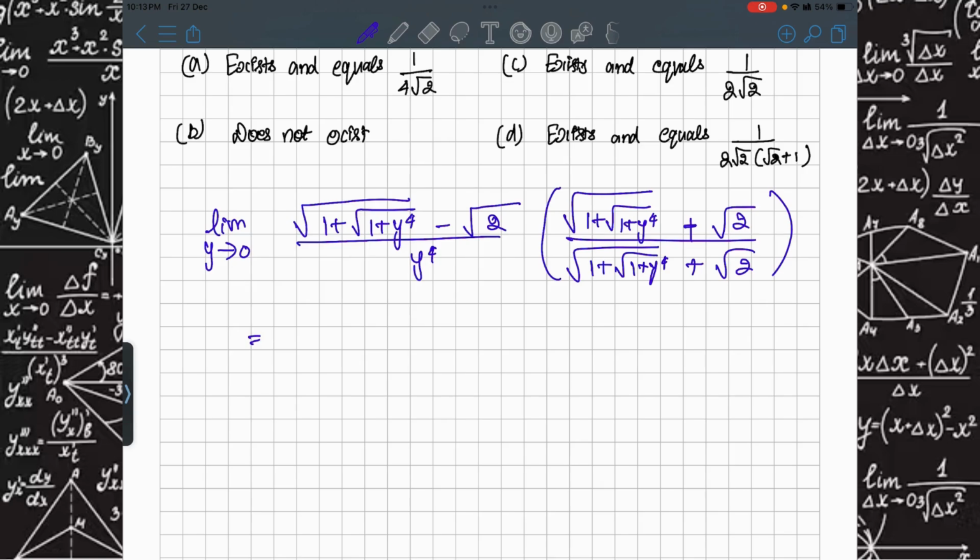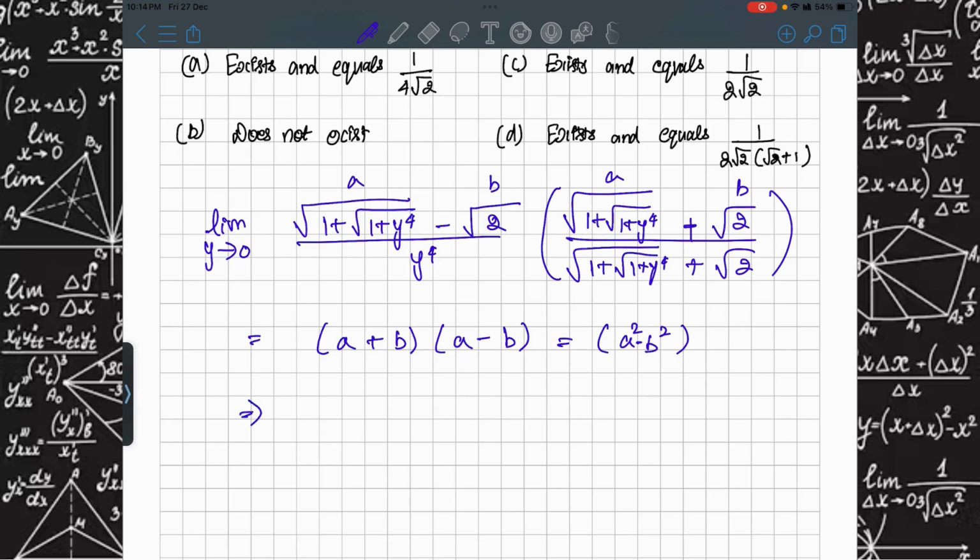Now let's multiply it. You guys know this formula, of course, but anyways I'm writing it once again: a plus b times a minus b equals a square minus b square, right? So this formula we are going to apply. Assume that this is a and this is b.